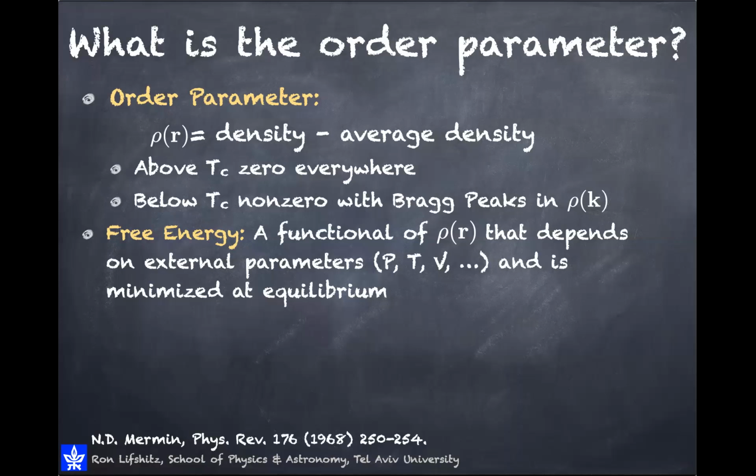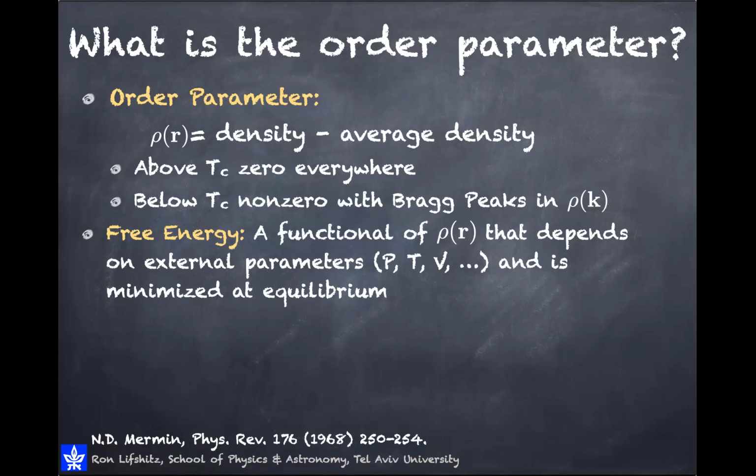These are external parameters that I can change as I follow the phase transition. And the point, which is taken care of by physics, is that I can write these kinds of functionals, and their most important property is that they are minimized at equilibrium. So if rho of R is the equilibrium of the structure, this will also be the minimum of this free energy that I'm writing.